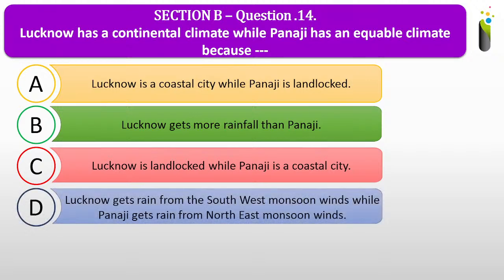D. Lucknow gets rain from the southwest monsoon winds while Panji gets rain from northeast monsoon winds. Think about it. Why does Lucknow have a continental climate while Panji has an equable climate? The time starts now.